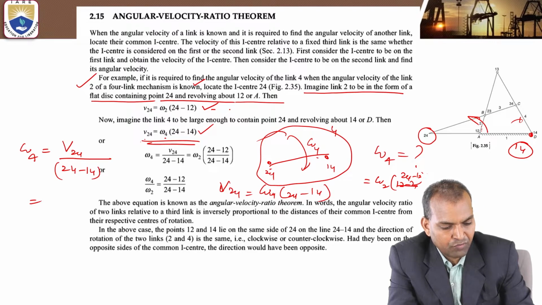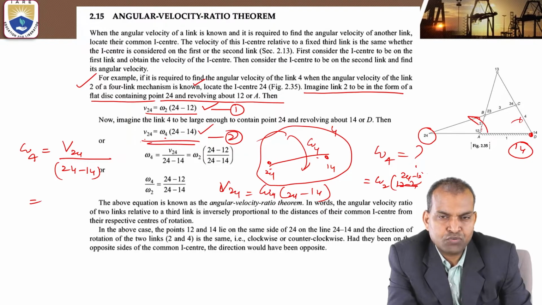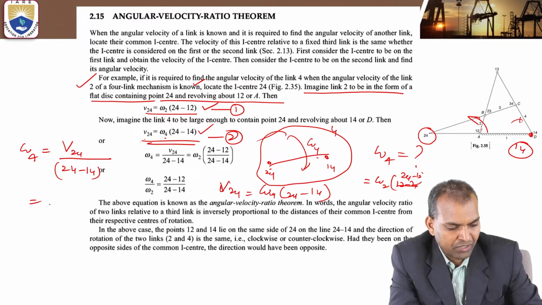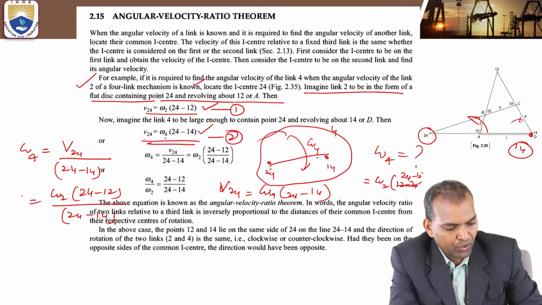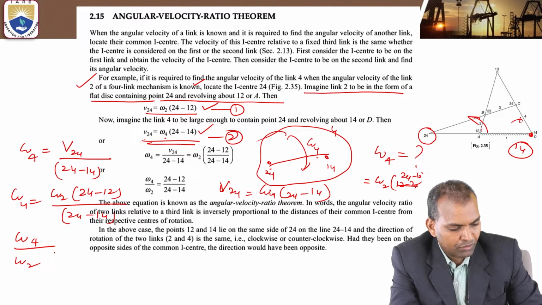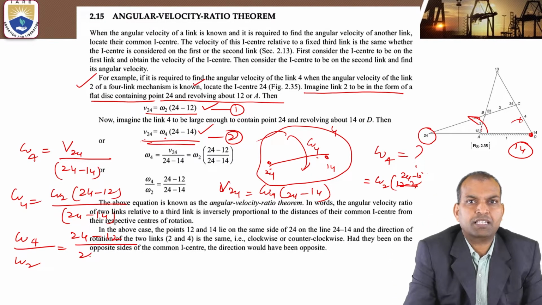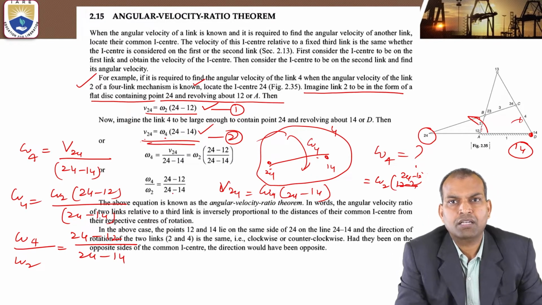From equation 1 we know V24 is omega 2 times I24 to I12. Substituting in this equation, omega 4 equals omega 2 times I24I12 by I24I14. Now omega 4 by omega 2 equals I24I12 by I24I14. That is the equation.